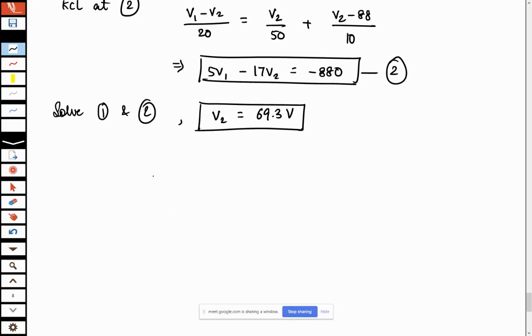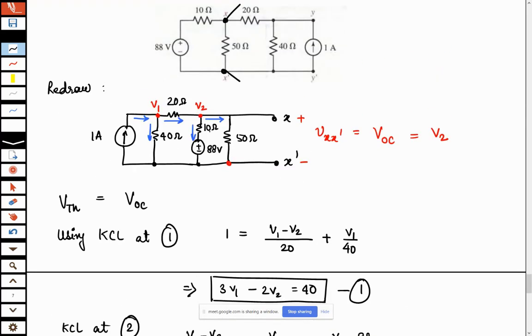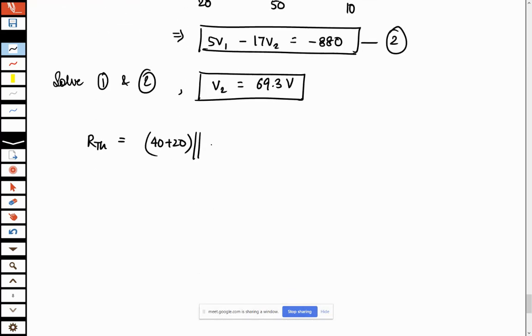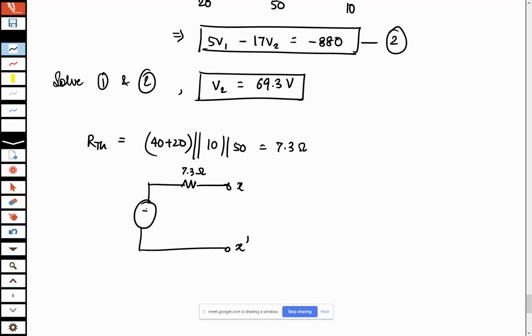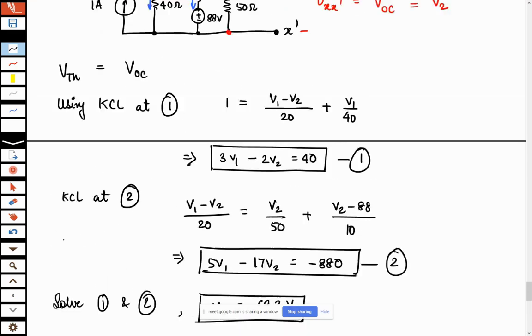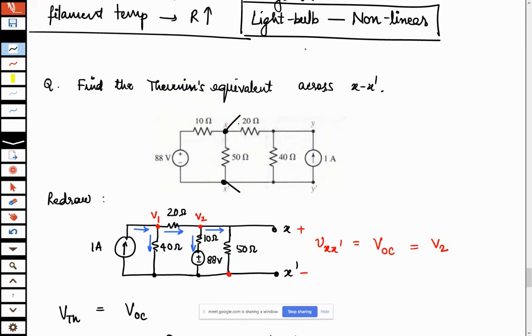So my Thevenin equivalent, my RTH is 40 plus 20 parallel 10 parallel 50, which has given us 7.3 ohms. That means my Thevenin equivalent looks something like this across x dash, right? 69.3 volt.